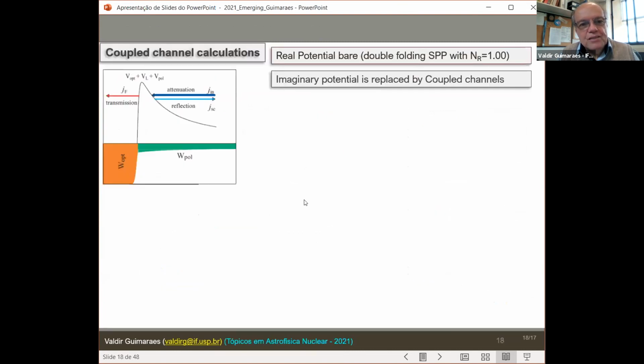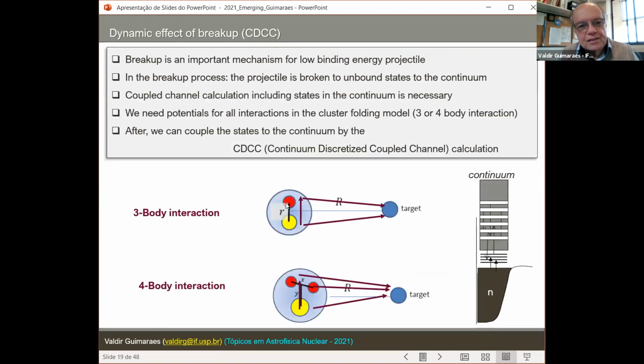I will show here. We have explicit the interaction between this cluster and this cluster. So we do not consider the projectile as a whole. So the deformation is not important. What is important is the description of a cluster configuration, which means this interaction and this interaction and this interaction.